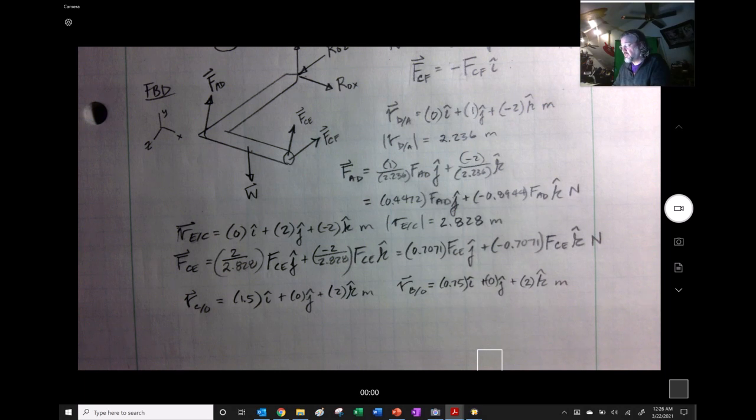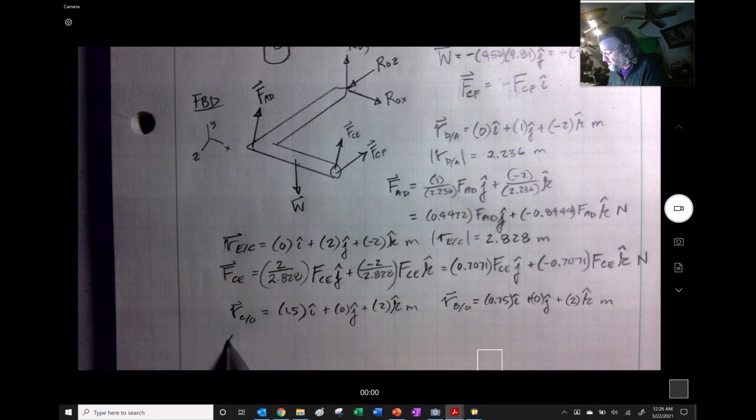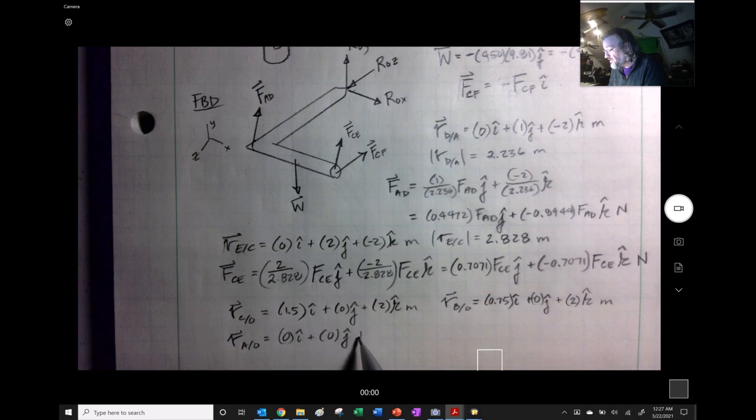And then lastly, we have to go for this force right here. So we're going to need an R A with respect to O, and let's see, trying to figure this, what I'm going to write. That's going to be 0I and 0J, and it's entirely in the K, so it's 2K meters.